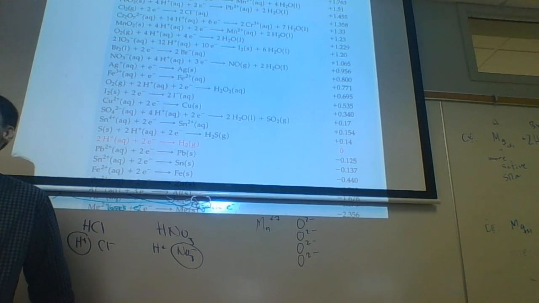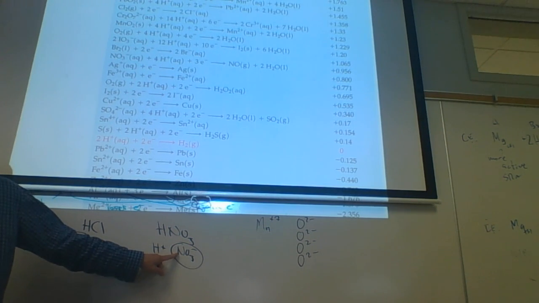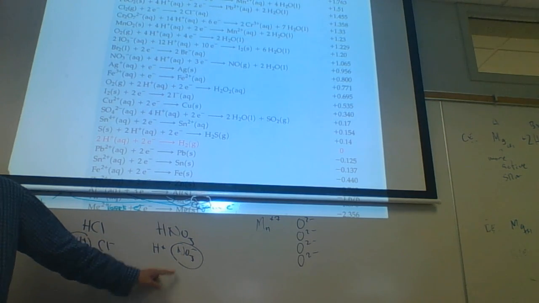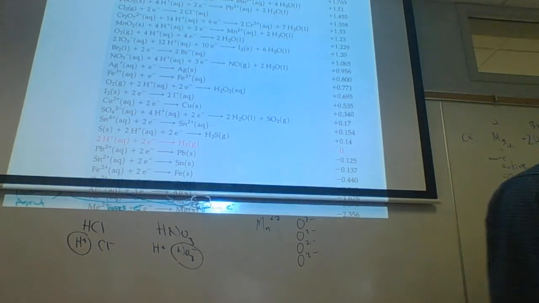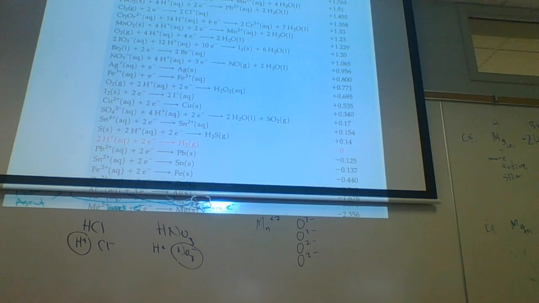Single replacement is always going to fail if X is a more powerful oxidizer than B. So single replacement fails if X is a more powerful oxidizer than B. Single replacement also fails if A is a more powerful oxidizer than B. And so let me give you an example of that.